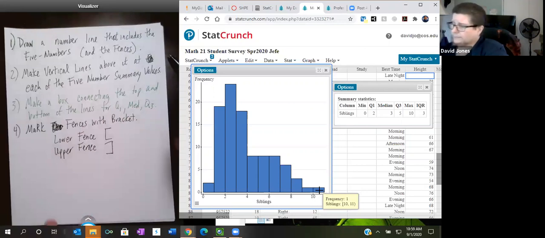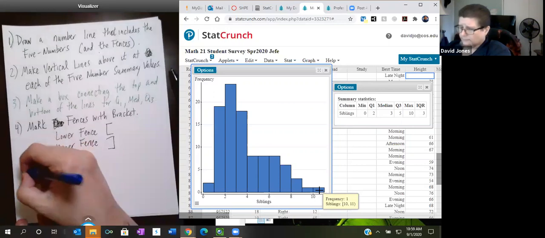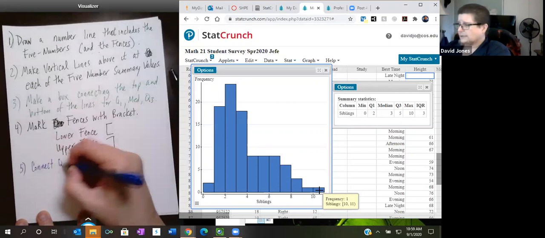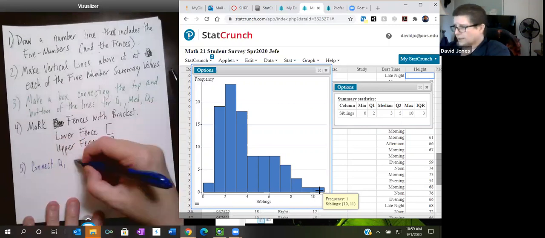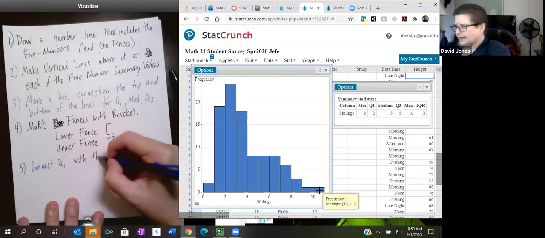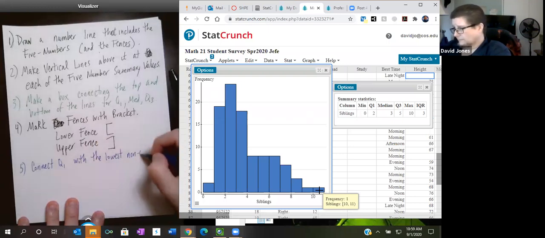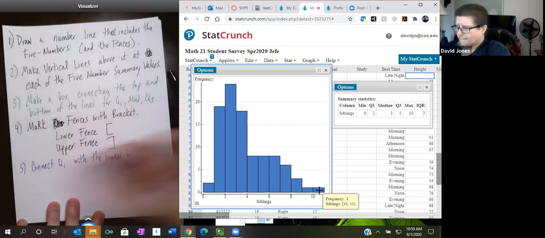Then connect Q1 with the lowest non-outlier by a line.